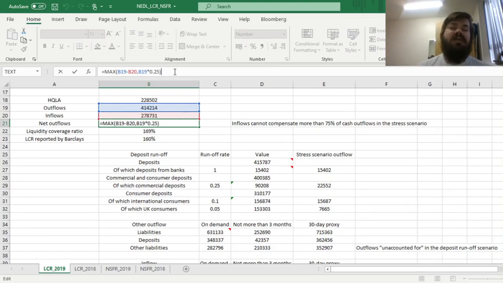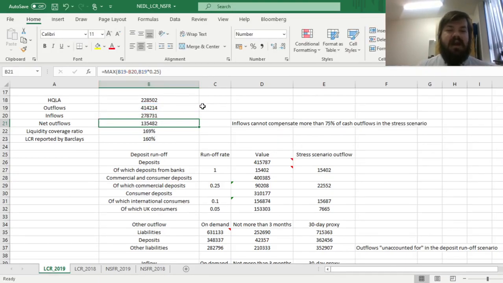You need to also make sure that your inflows are not too high, which means that we need to calculate the maximum of the difference and the outflows times 0.25, which is basically outflows minus 75% of outflows. That's the most we can compensate for by our inflow calculations.